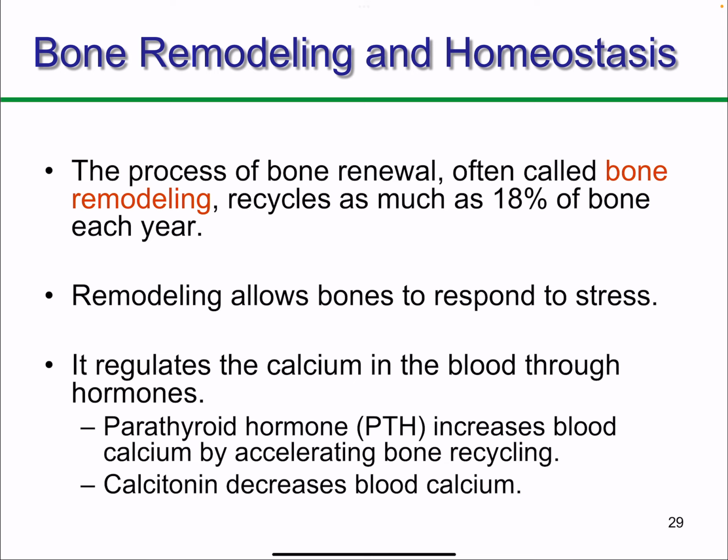Osteoblasts are going to be activated when there is a lot of calcium in the blood, so that they're going to store that calcium, they're going to deposit that calcium as part of the bone formation, right? While osteoclasts, right, are going to be activated when there is a low amount of calcium in the blood.